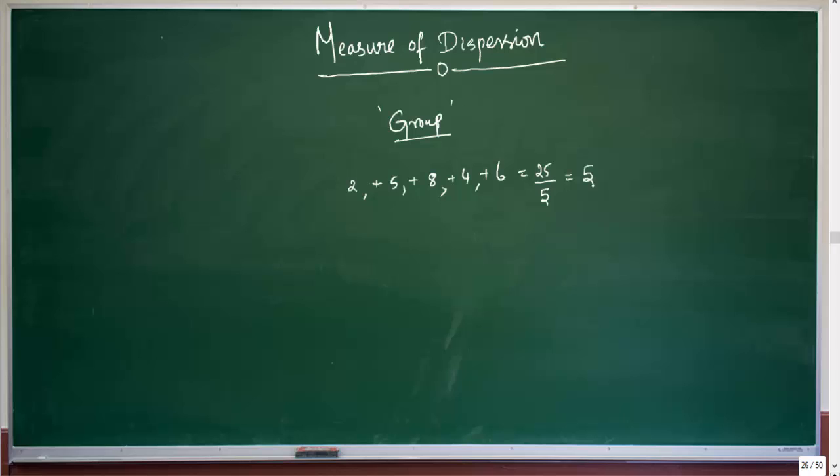But this average of 5 is not going to represent the characteristics of all these numbers, because if you look here, you have a number called 8 which is much higher than the average, and you have a number called 2 which is below the average. So if you want to know to what extent the actual items in your analysis can deviate from average, you should find what is known as the dispersion.